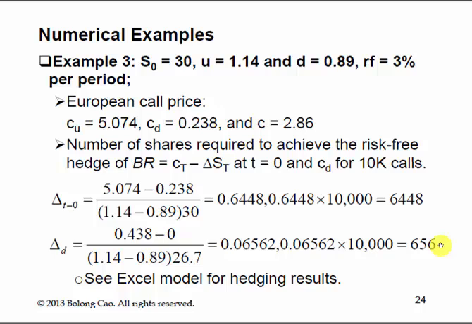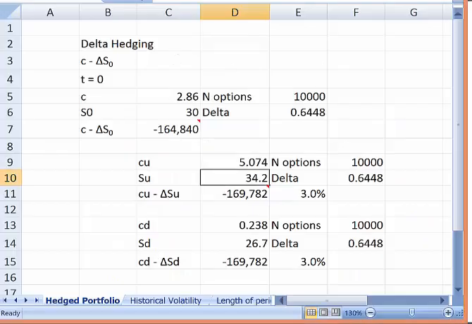Only need to have a short position of 656 shares in order to hedge my 10,000 long call, just because it's getting closer to out of the money. Value has decreased. So let's look at what we have in our Excel model.